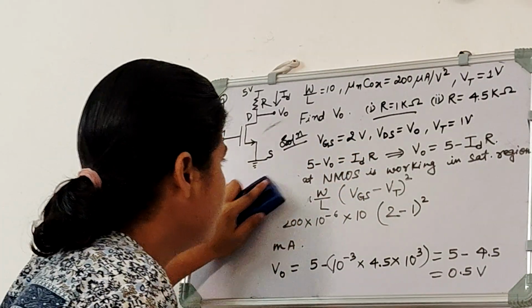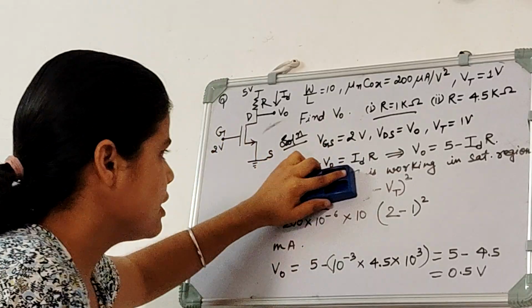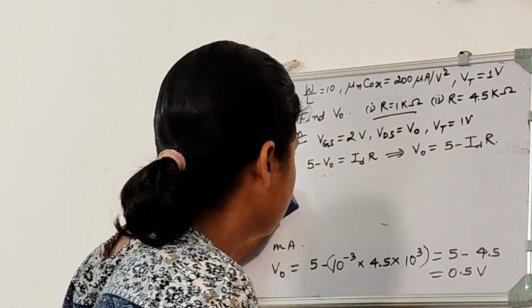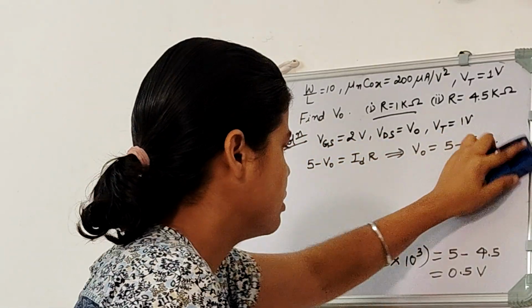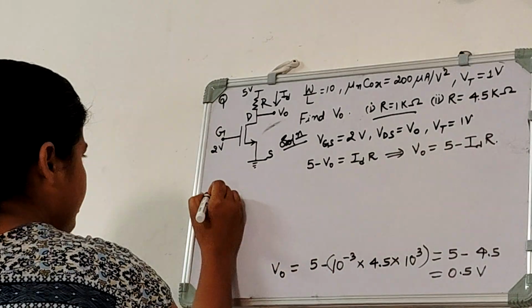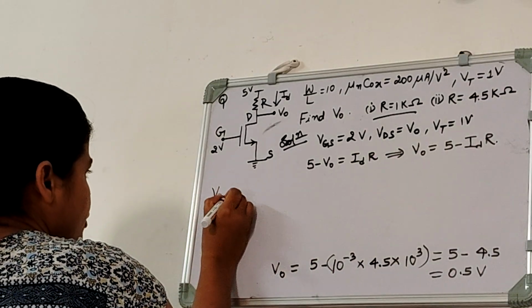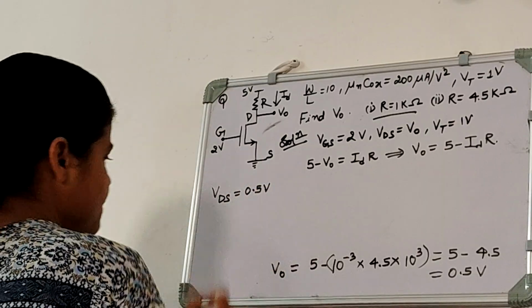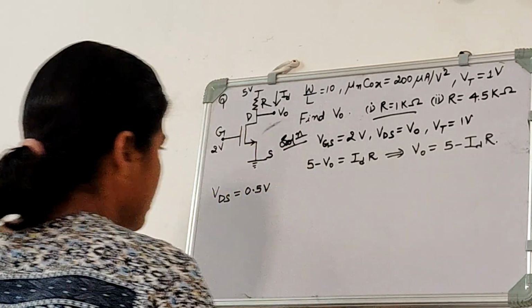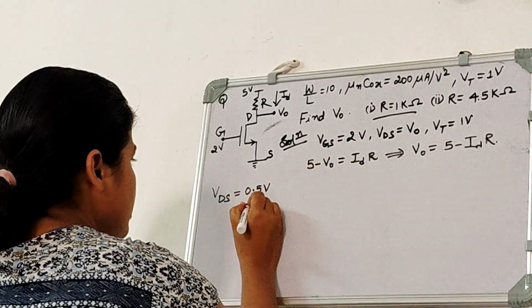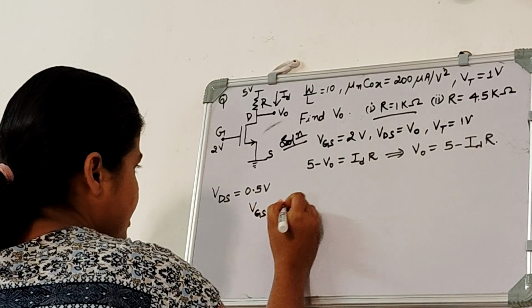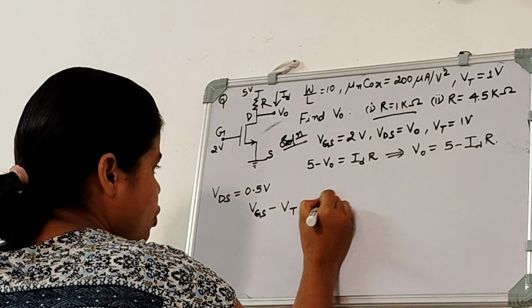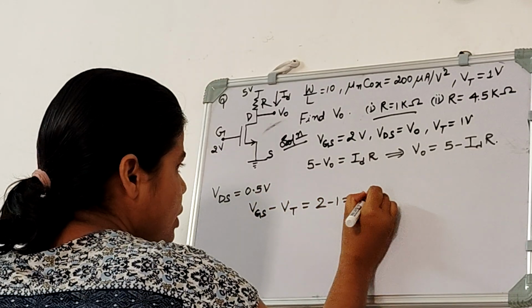Now we will verify whether the assumption is correct or not. So we got V naught as 0.5 volt, so here we will write that VDS is equal to 0.5 volt. Now we will see VGS minus VT. VGS minus VT is equal to 2 minus 1, that is 1 volt.